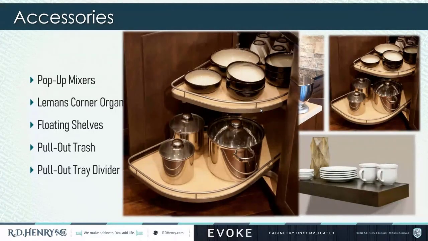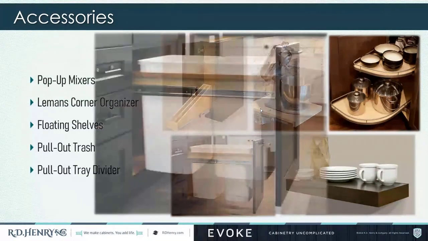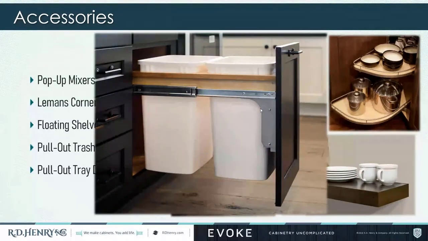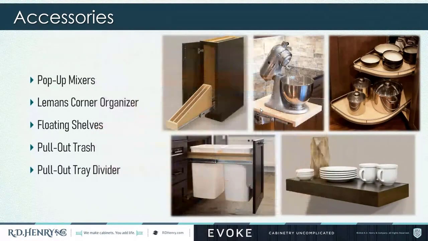We all know those corner cabinets can be tricky. So we do have the Le Mans corner organizers that pull out so you can really maximize that storage. And then, of course, the pull-out trash cans. They come in single at 15 inches wide or double at 18 inches wide. And then there's lots of different options in our spec book, with single drawer, with the drawer above, all different options.